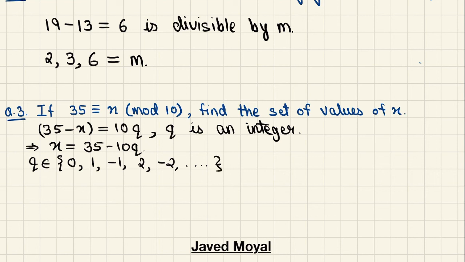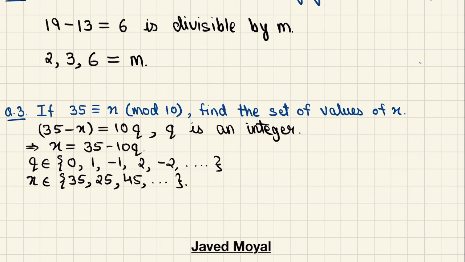So if we put different values of q here, what do you get? x will belong to the set. If you put the value of q as 0, the value of x will be 35. If you put the value of q as 1, 35 minus 10, you get 25. If you put the value of q as minus 1, you get 35 plus 10, which gives you 45, and so on.